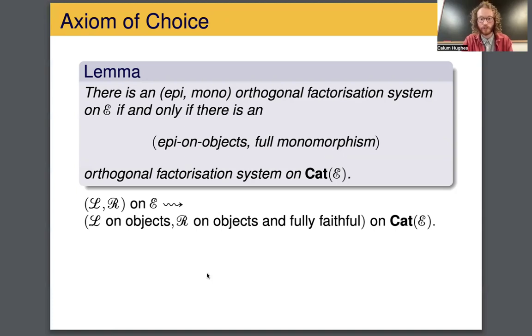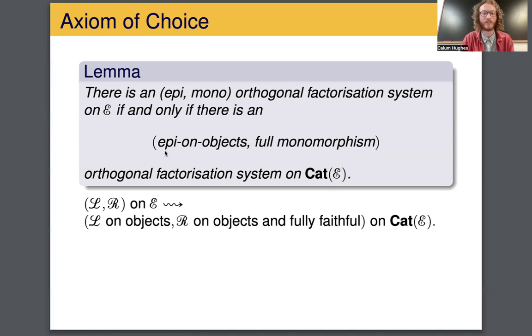And I should note that mono on objects and fully faithful is exactly what a full monomorphism is, and epi on objects is exactly what epi on objects is. So we can define left orthogonal in an arbitrary 2 category, and we can recognize full monomorphisms representably in a general 2 category.